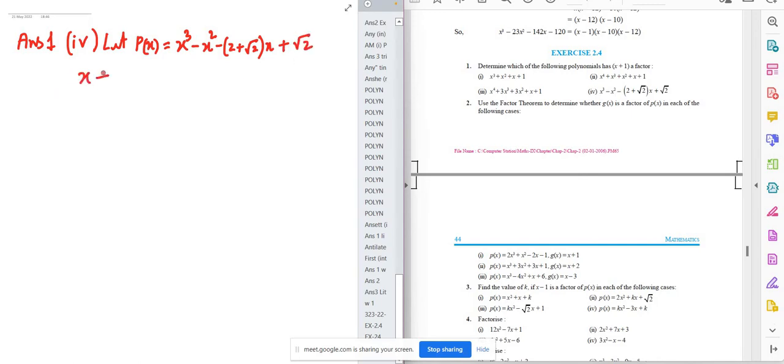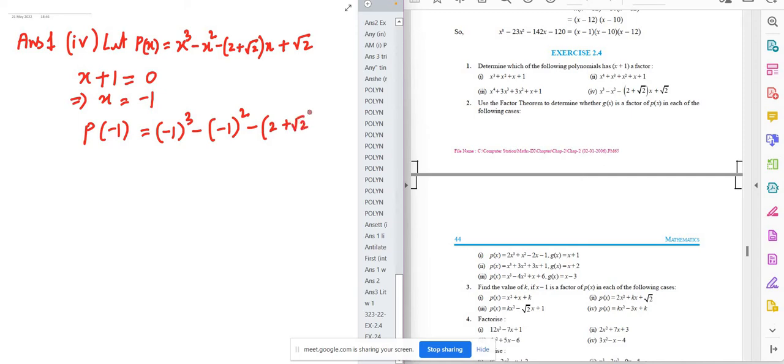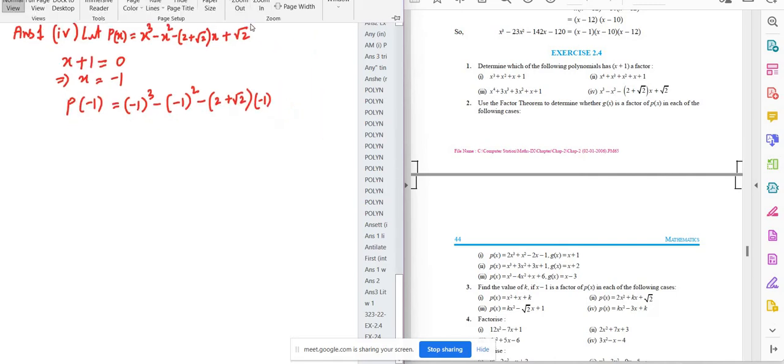So we are checking whether x plus 1 is a factor or not. x plus 1 equals 0, then x equals minus 1. Then find p(minus 1). So here minus 1 cube minus minus 1 square minus (2 plus root 2) into minus 1 plus root 2.